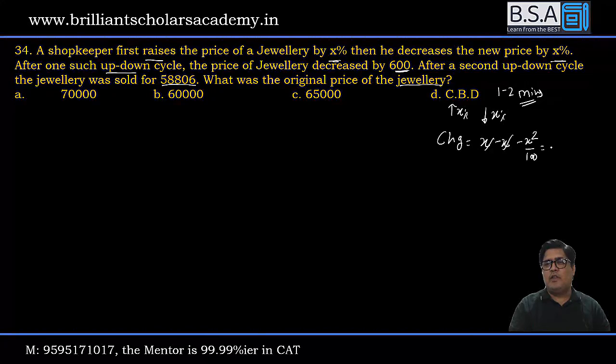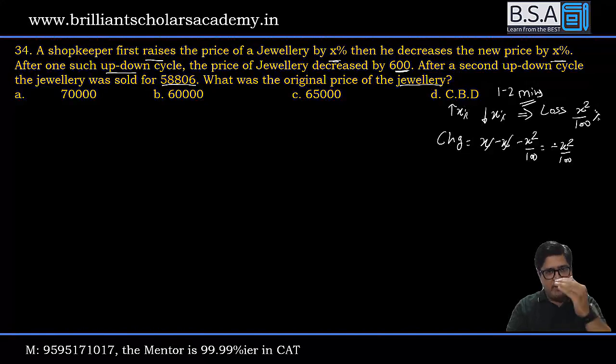If you notice, it is always a loss. Equal increase percentage, equal decrease percentage will always give you a loss, a decline of how much? X square upon 100 percentage. That much decrease will be there always.